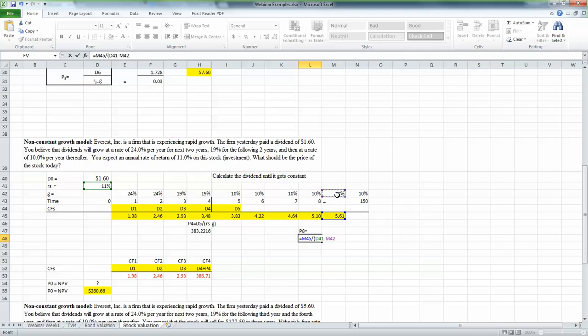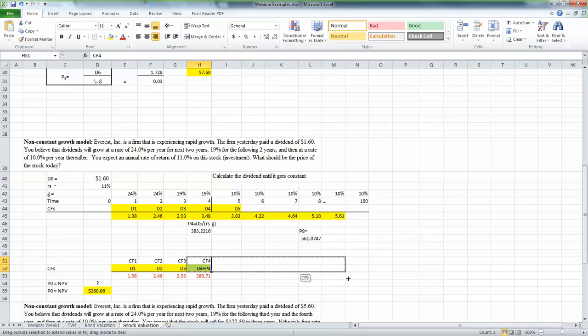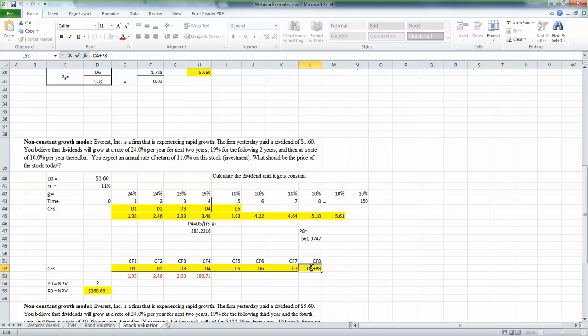So you have your stock price, this one. So basically you can keep on doing this one here. This one is D3 and actually D8, D8, P8.